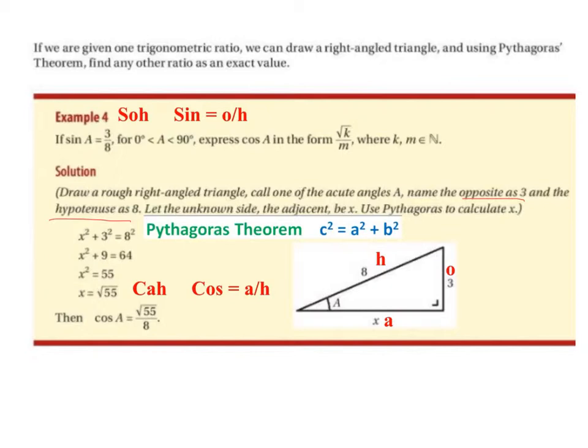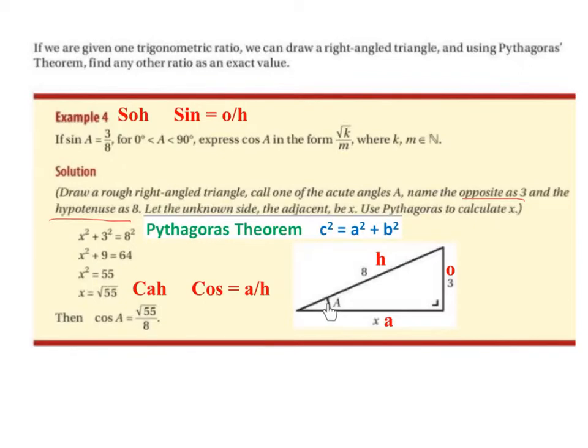So the reason for this is we were told that sine of A is 3/8. And sine comes from SO in our SOHCAHTOA formula, and SO stands for sine equals O over H. So the opposite is the numerator, so the opposite must be 3. So the length that is opposite the angle must be 3.